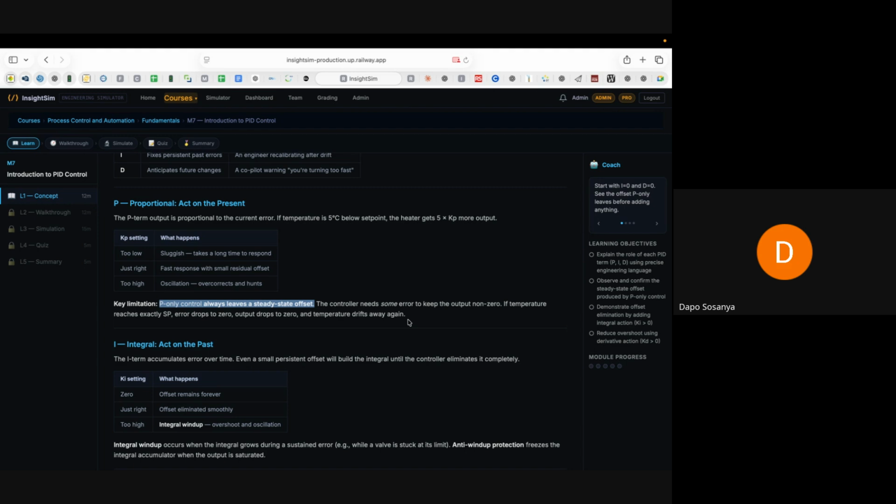So let's assume that the output from the controller controls a valve that regulates the fuel that goes into the burner, and that fuel maintains the temperature of the process. If the error becomes 0, there will be no output to that valve. That valve will not supply fuel to the burner, and then temperature begins to drift. So your process will not be stable, right?